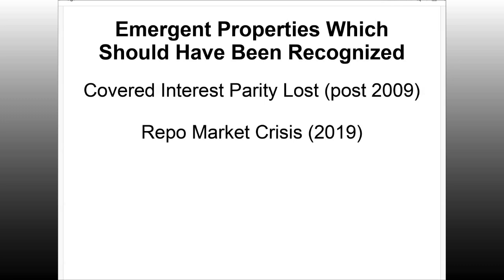But the liquidity of the market suddenly dried up in 2019. And the only solution that was available was for the Fed to directly inject liquidity into the repo market to provide the repo facility, which essentially created money, which the banks could then lend and borrow overnight among themselves.